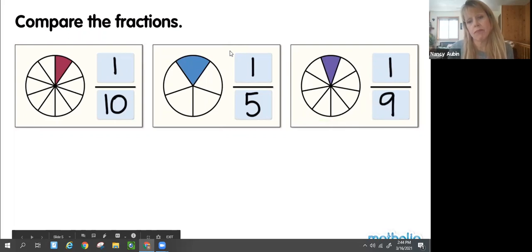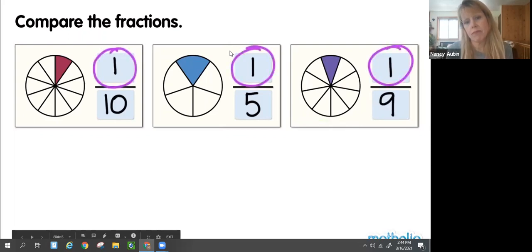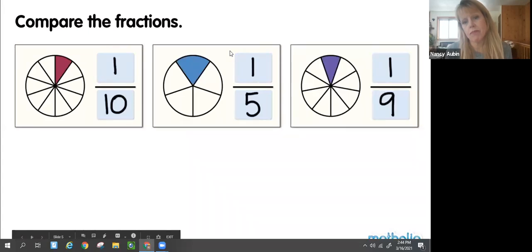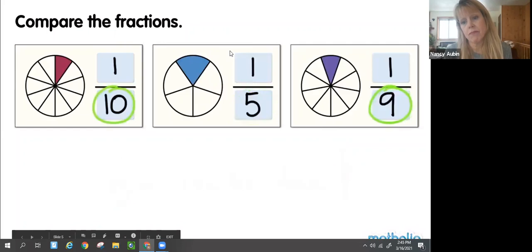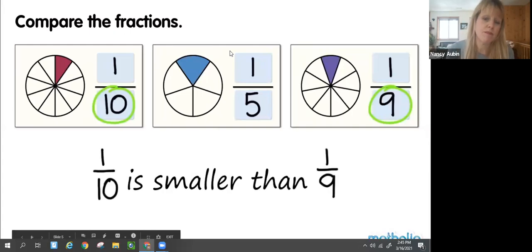All of the fractions are unit fractions. Let's compare the fractions by comparing their denominators. 5 is smaller than 9, so 1/5 is greater than 1/9. 10 is greater than 9, so 1/10 is smaller than 1/9.